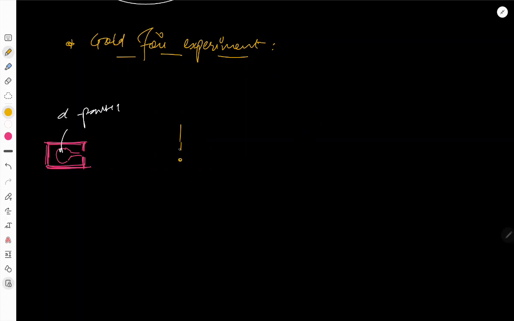We'll take a beam of alpha particles. I would draw straight lines first, and I would hit it.